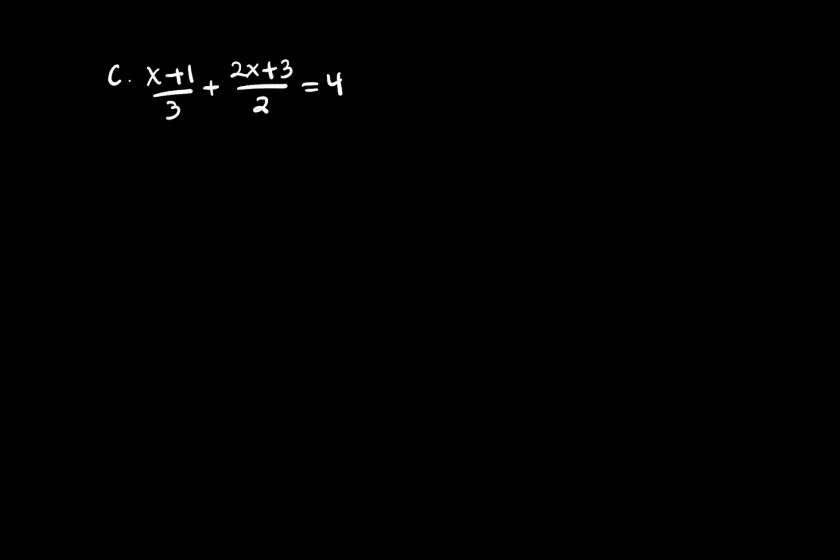So you can multiply both sides with 6. So (x + 1)/3 times 6 plus (2x + 3)/2 times 6, and this is 4/1 times 6.